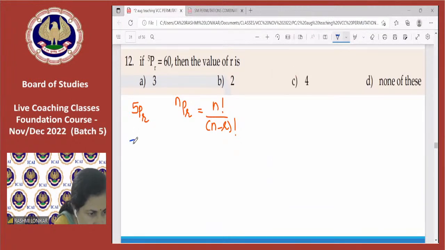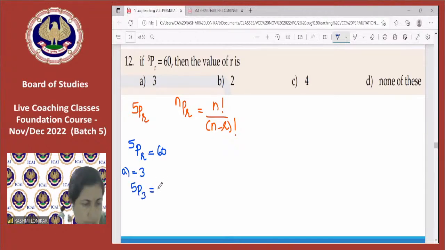So 5Pr is equal to 60. Now let us put the options also. So the first option is equal to 3.